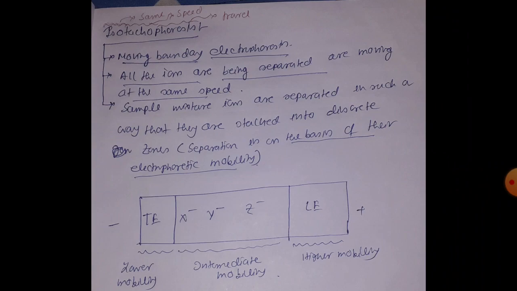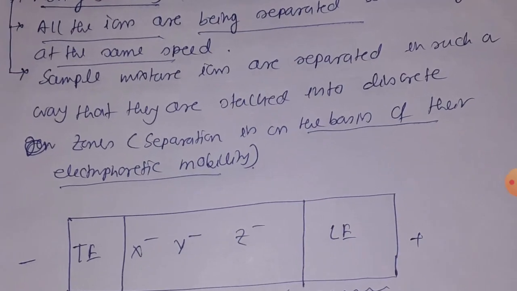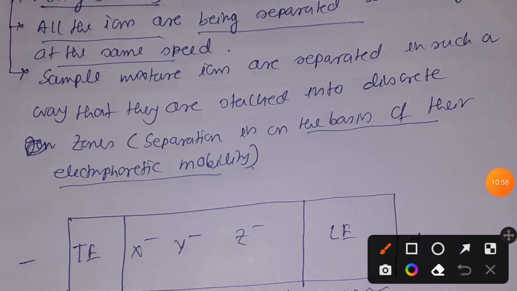So that is the concept of isotachophoresis, right? Isotachophoresis is based on moving boundary electrophoresis. Here, as its name suggests, all the ions are migrating at the same speed, and the sample mixture is separated in such a way that, suppose X, Y, Z, they are stacked in discrete zones.